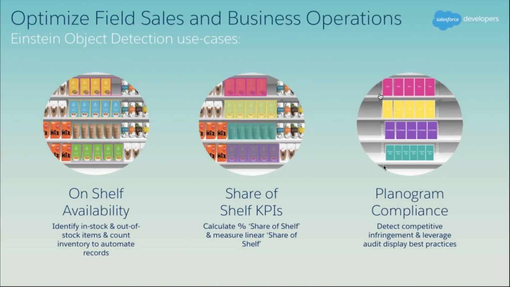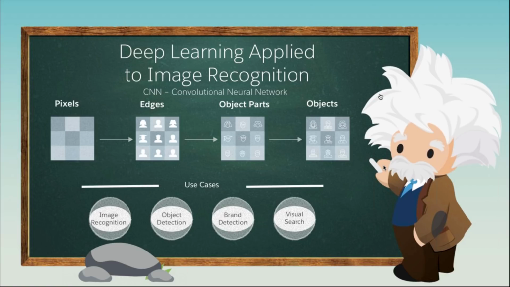In the CPG world, we're seeing customers use object detection for on-shelf availability, share of shelf, as well as planogram compliance.